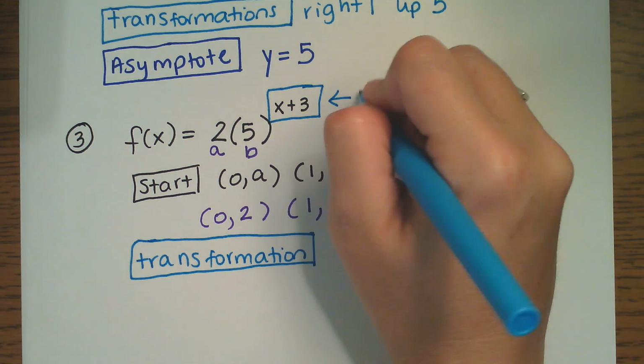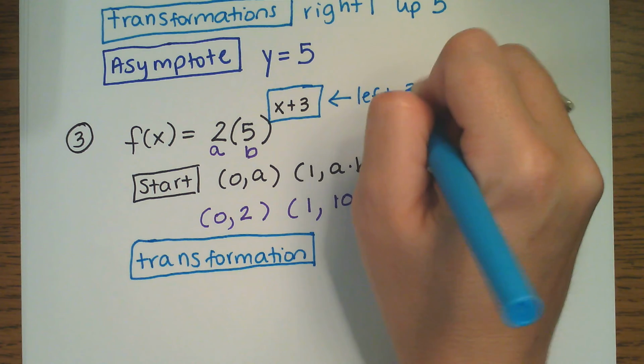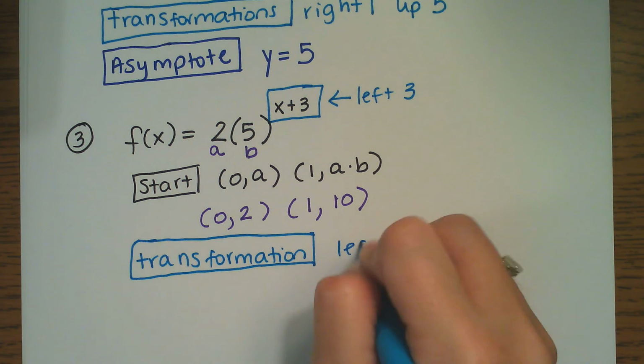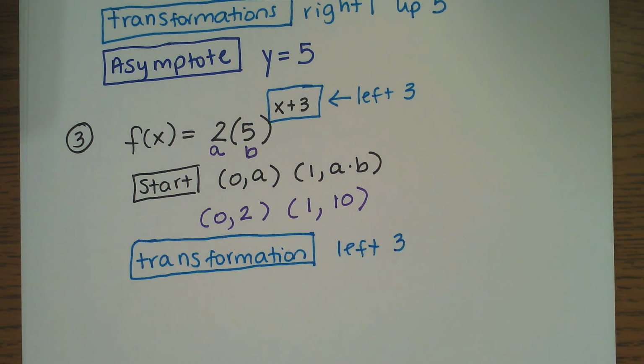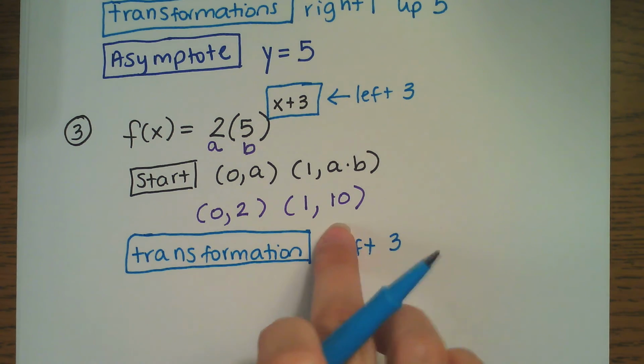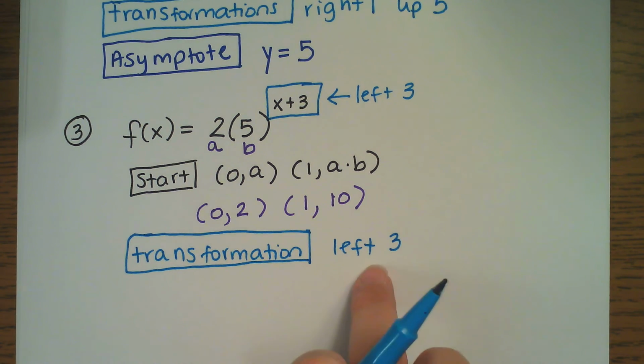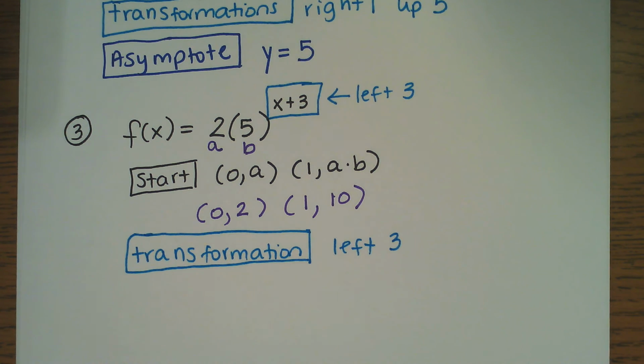To the left. And I know that's odd, but it's just the way it goes. So once I get those 2 points on the graph, I would have to shift them both to the left 3, and we'll look at that in Delta Math in just a moment.